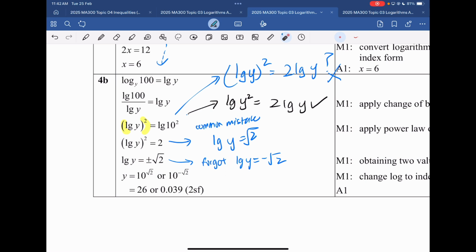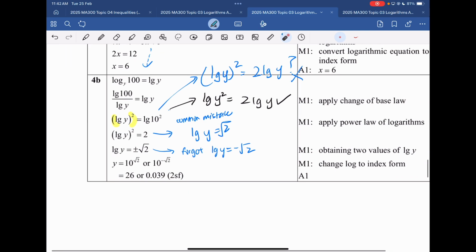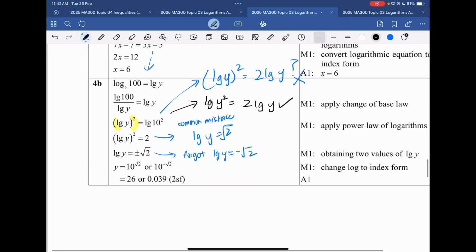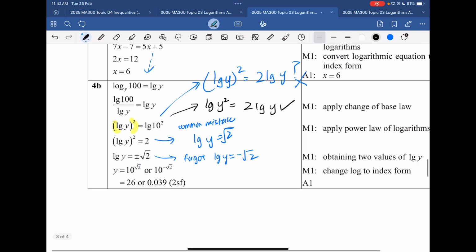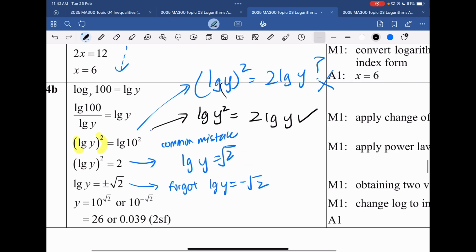Yes, this is log y square. So after that, you square root both sides. Why is it not y square? Because there's a difference between log of y square and log y entire square. You understand the difference?